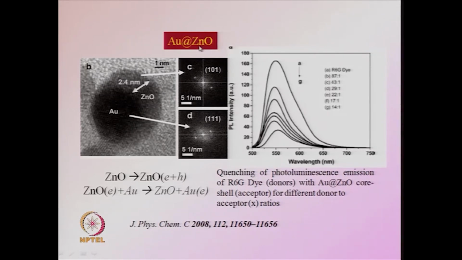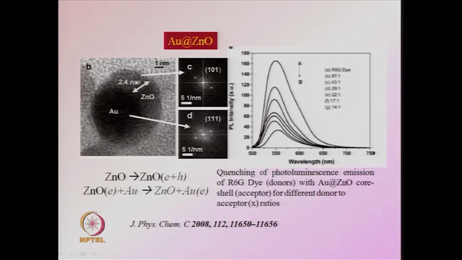So, it will have an exciton, and this is the high resolution transmission electron micrograph of a gold core surrounded by a semiconductor which is zinc oxide. The shell thickness is around 2.4 nanometers, and you can identify, as discussed earlier, using transmission electron microscopy and electron diffraction.